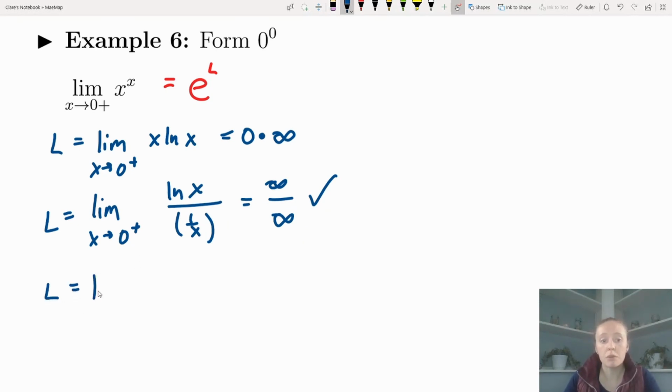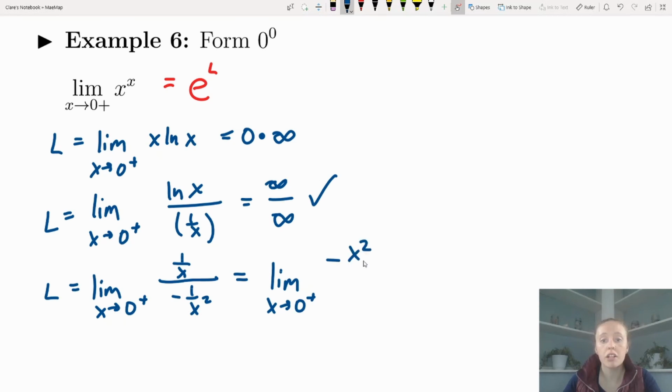L is going to be equal to the limit as x approaches 0 from the right of the derivative of ln of x, which is 1 over x, and I'll put that all over the derivative of 1 over x, which is negative 1 over x squared. So flipping that up, we'll get the limit as x approaches 0 from the right of negative x squared over x, which is going to be a negative x.